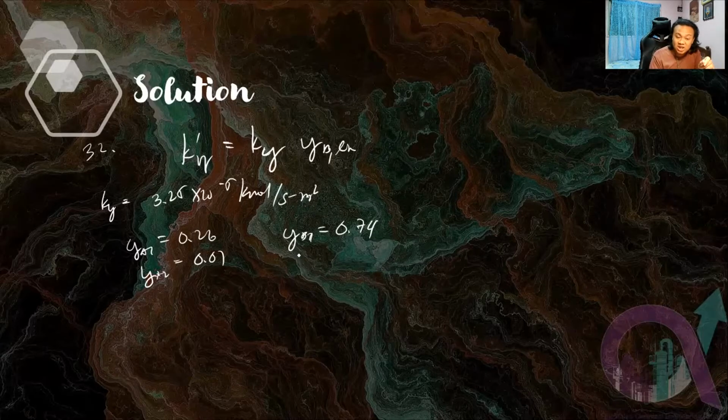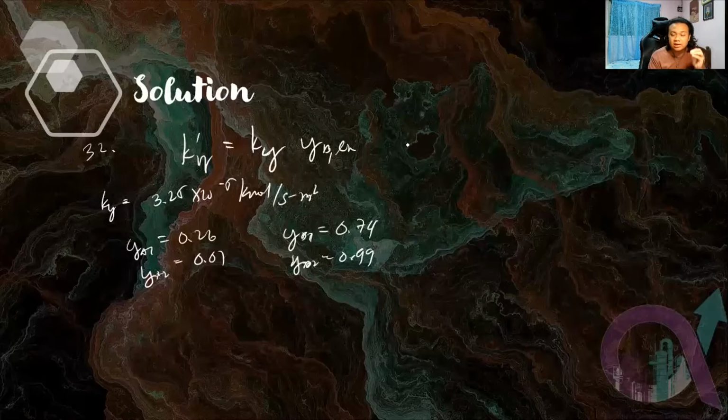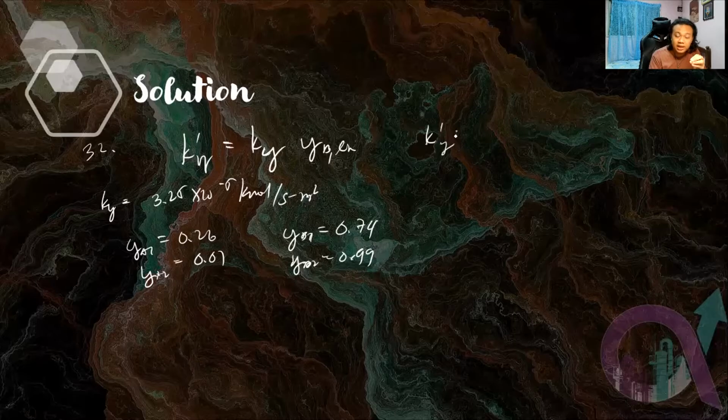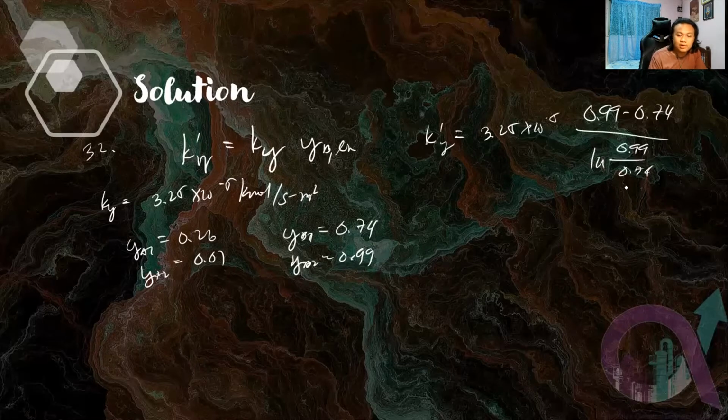And yb2 is 0.99. Okay, so yblm now is the logarithmic mean. This is just plug and play, it's really simple. We have 3.25 times 10 to the negative 5, we have 0.99, 0.74, ln 0.99 over 0.74. That's how you get the logarithmic mean.